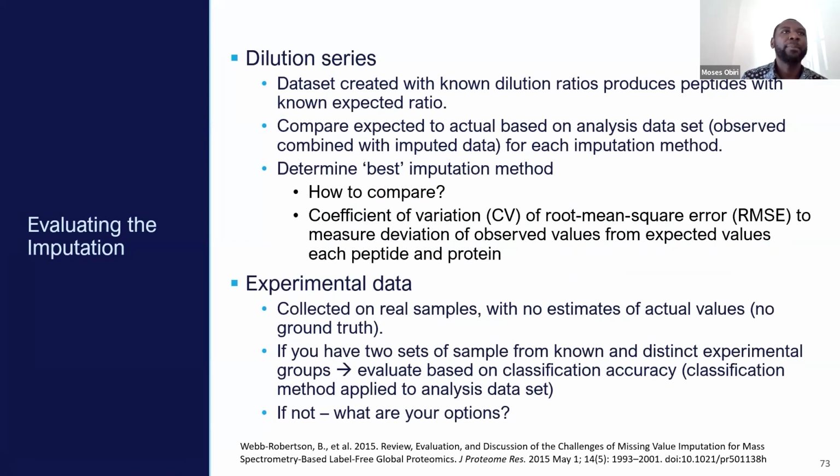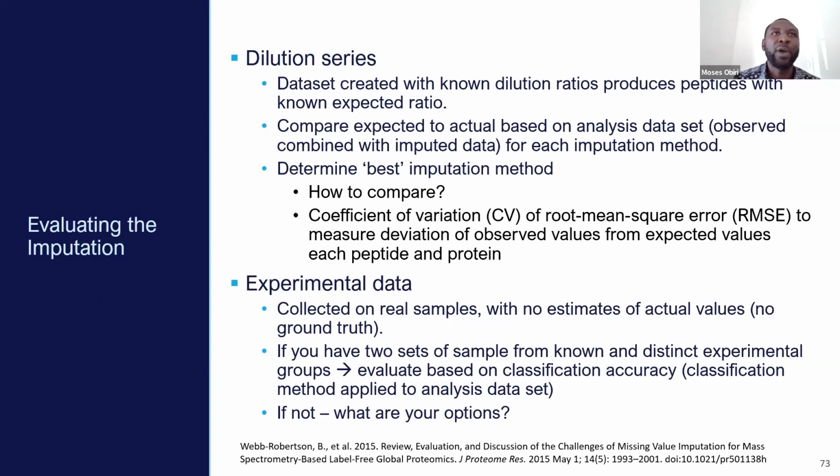So we've talked a lot about imputation methods. How do you evaluate them? How do you know which imputation method to use? The simple way to do this is that if there is a known truth, then you can compare the result based on your imputed data to the known truth.